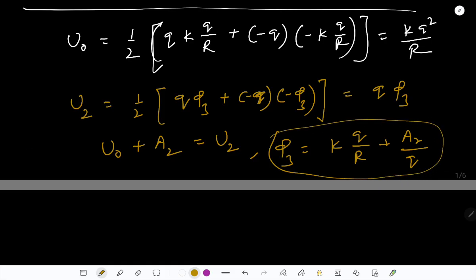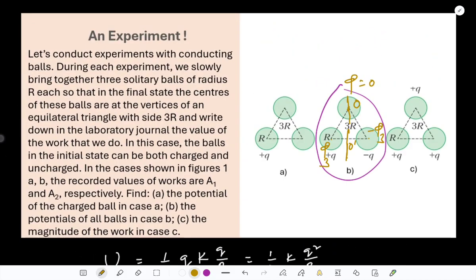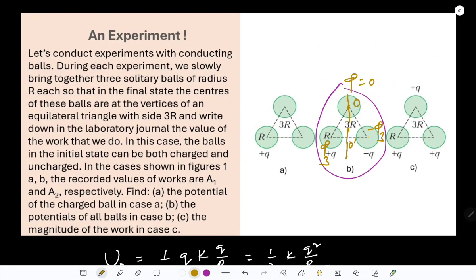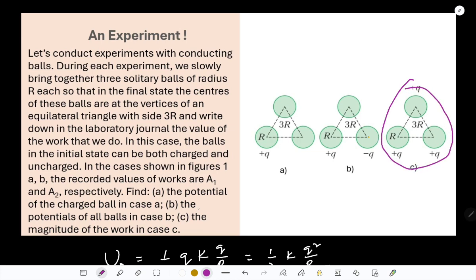Now in the third case, that is a special case, in which we have this system, and we need to find the magnitude of work in this case.